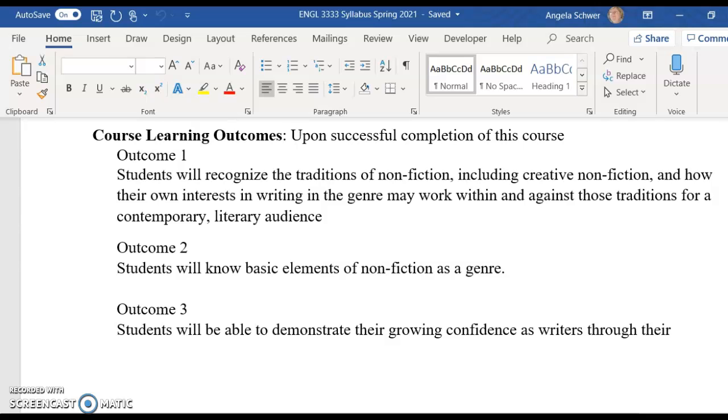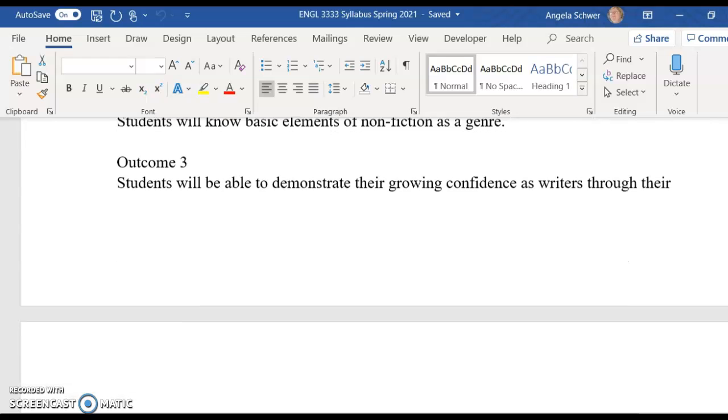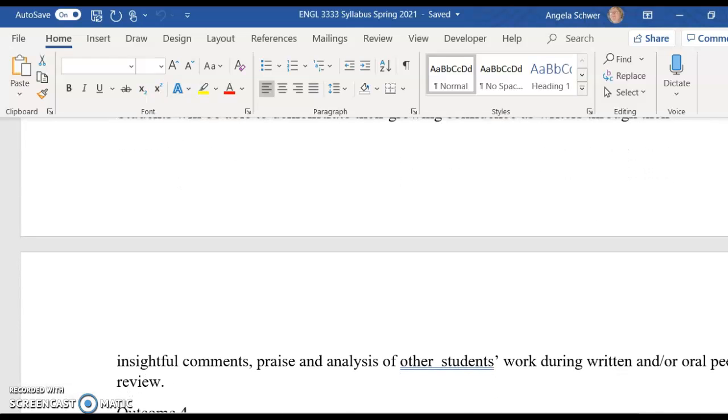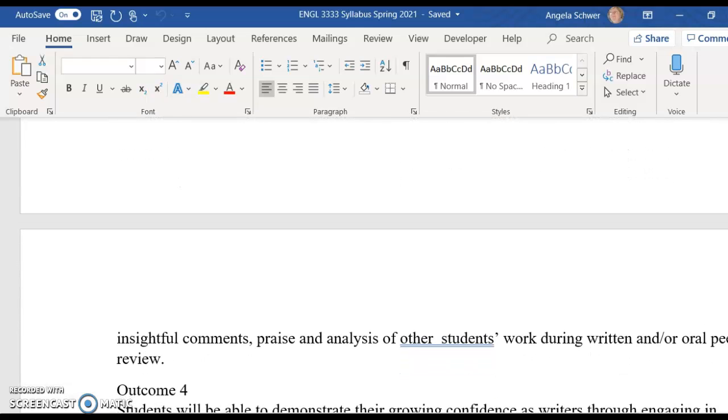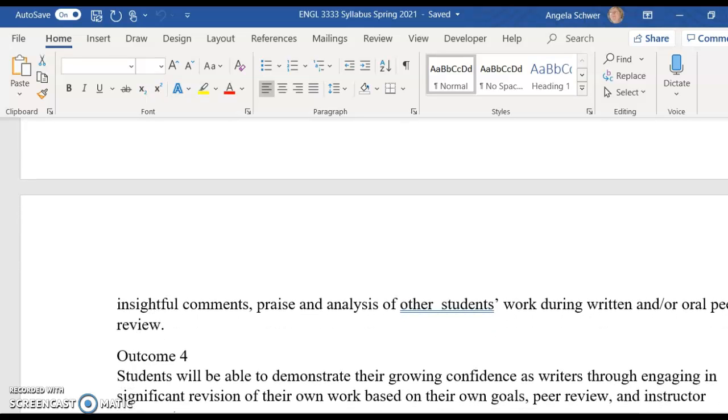And you see that these all have to do with you, obviously, learning how to craft good nonfiction writing. So you need to read some nonfiction, and that's why examples of the types of writing that we're going to be doing are included. You'll need to know the basic elements. You will demonstrate your confidence through doing peer review of other students' work.